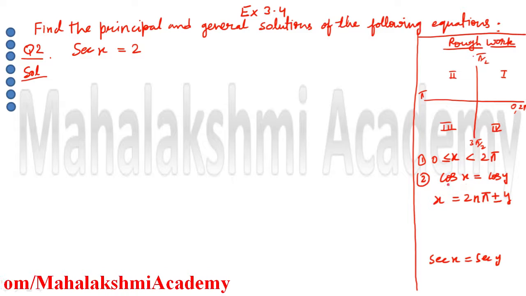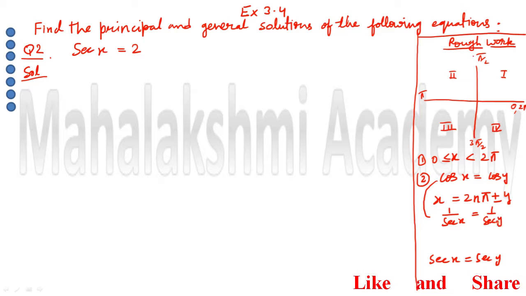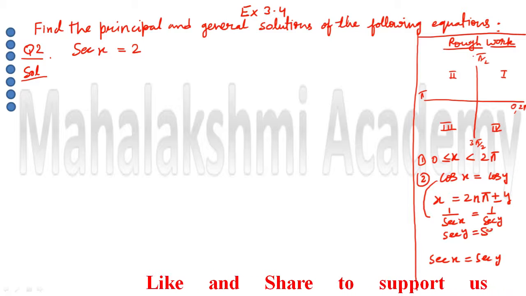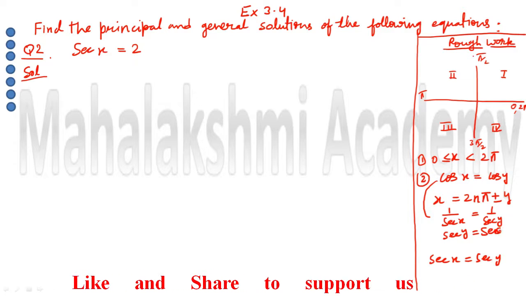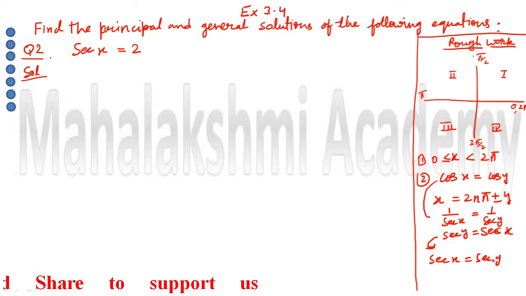Now why use this formula? Because in the same equation, if I write the reciprocal of cos x, it is going to be 1 upon sec x, and the reciprocal of cos y is 1 upon sec y. Now if we cross multiply, we will get sec y is equal to sec x, that we can write as sec x is equal to sec y.